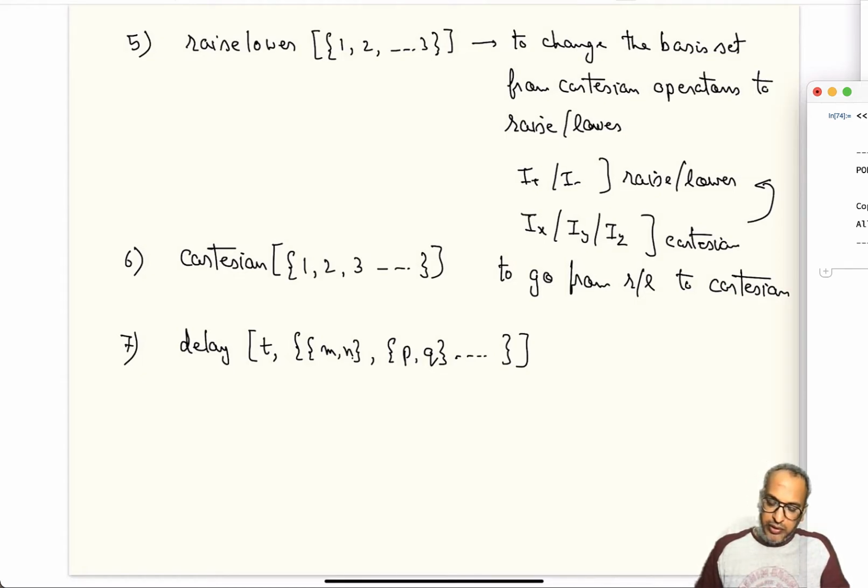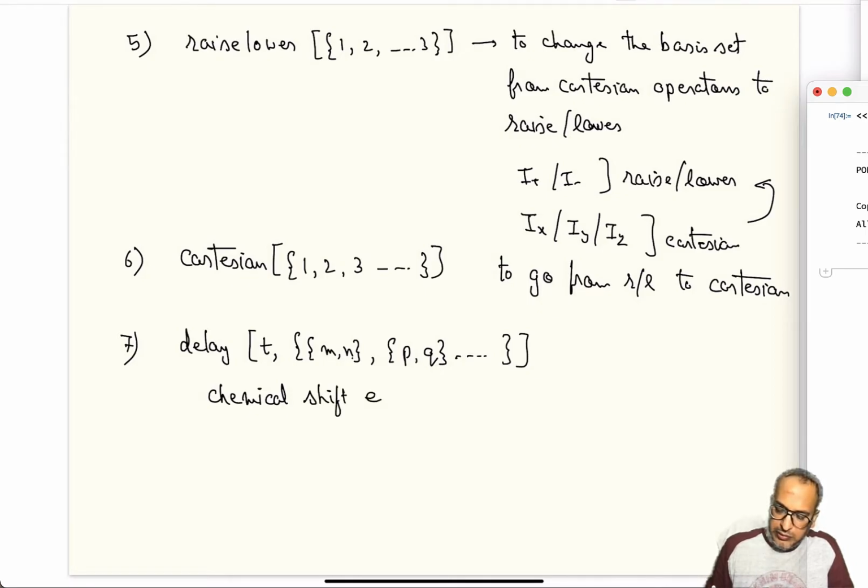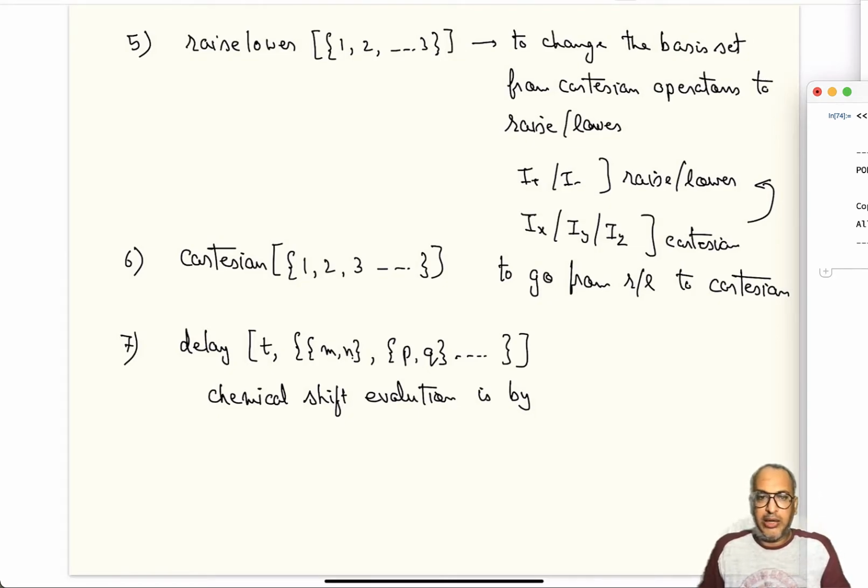So you have to have the time duration during which the delay is executed, then during that delay what all couplings are involved. So by default all spins undergo chemical shift evolution. So chemical shift evolution is by default, so you don't need to define that. Of course it has to be a non-Z spin, otherwise chemical shift evolution would not take place because the operators will commute in that case.